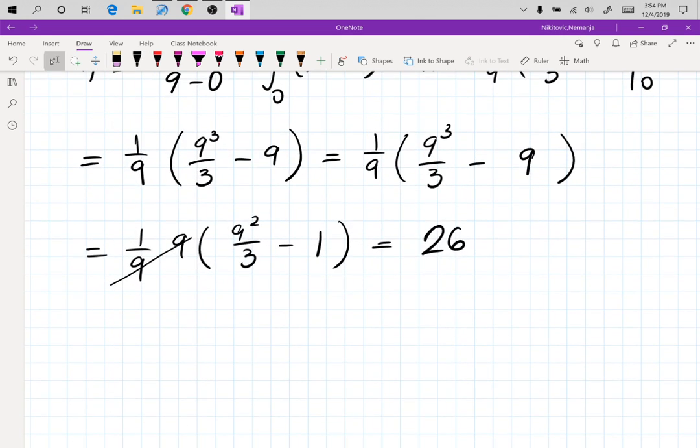This can be quickly turned into the mean value theorem for integrals.